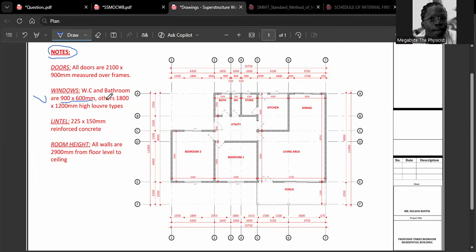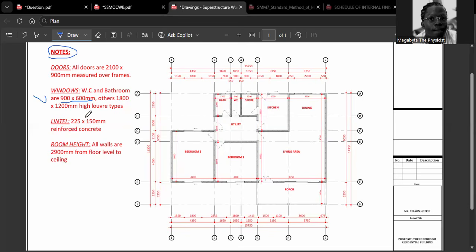We'll come back to it later. And others, 1,800 by 1,200 high louver types. Okay, so all of them have this height, but for the WC and the bathroom, the height is 600. You see, the spread, or let me say the length, is 900.